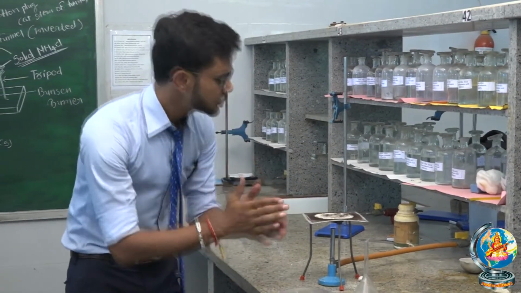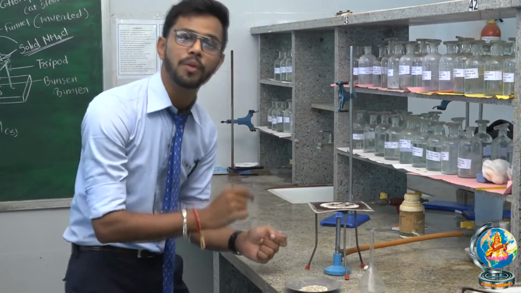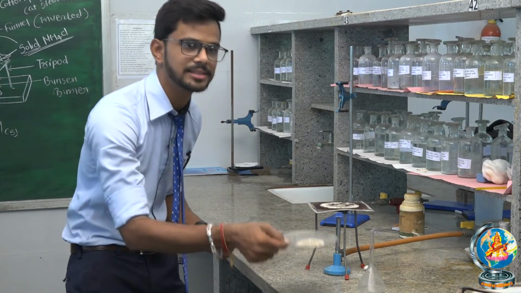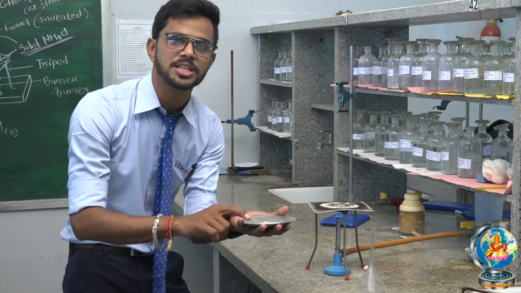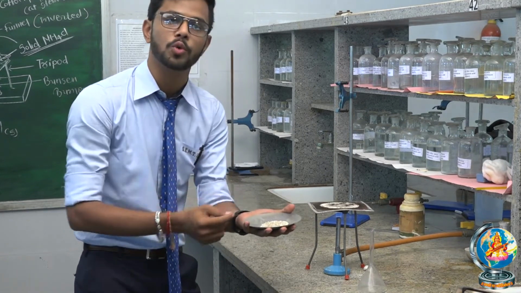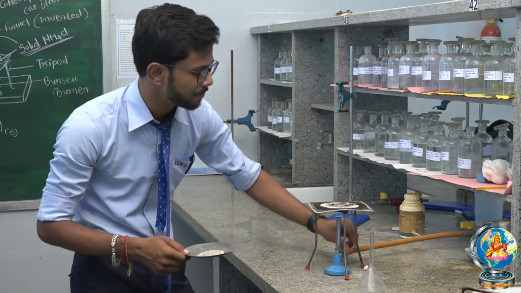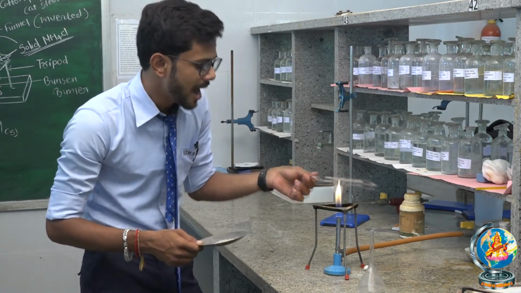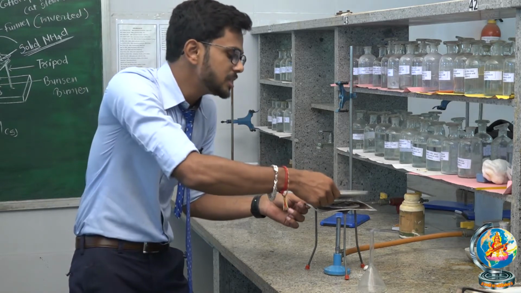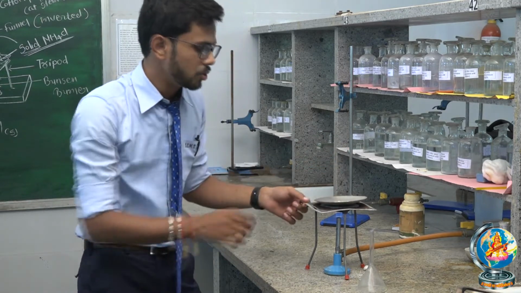To perform this activity, we take this dish. In this dish there is a mixture of sand containing ammonium chloride and common salt. Here we have the tripod stand, the Bunsen burner and the wire gauze, and we put this dish on the tripod wire gauze.